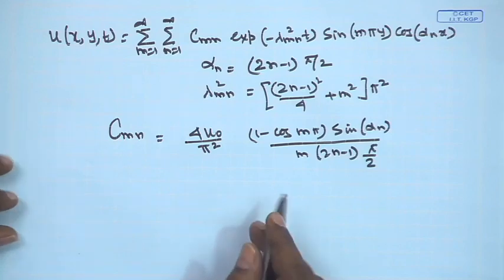So, that gives the complete solution of a 3-dimensional problem, parabolic partial differential equation, with a Neumann boundary condition prevailing at x equal to 0, and everywhere else all the other 3 boundaries have a homogeneous boundary condition with respect to y and with respect to x equal to 1.